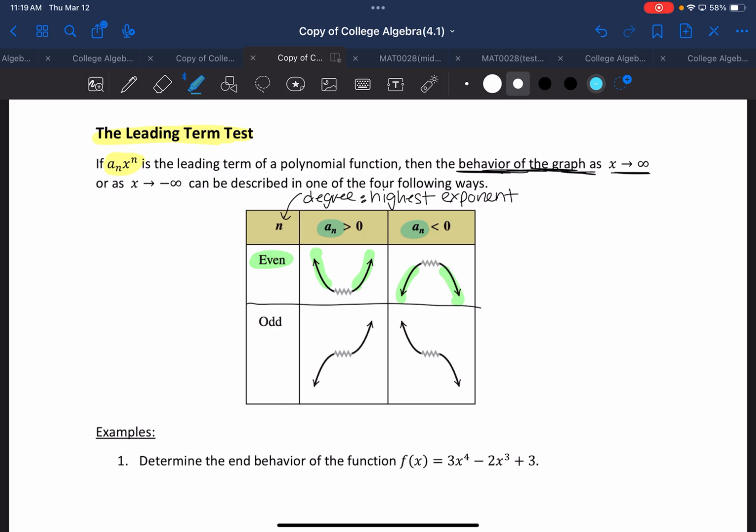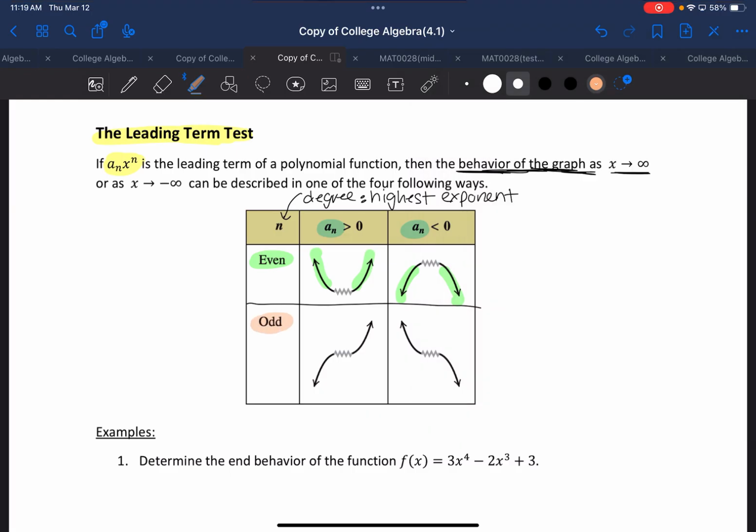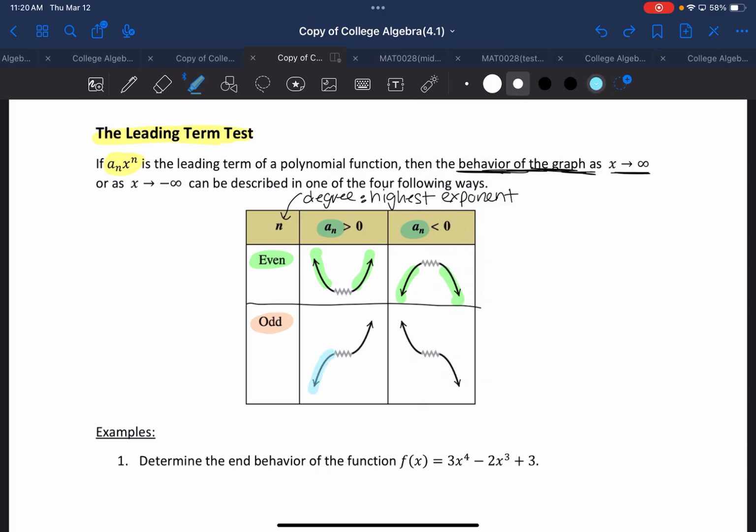Okay. The next case is if the exponent, the highest degree, is odd, then my end behavior is going off in different directions. It's either going to be the first case here or the second case. The way I remember this one is if my leading coefficient is positive, then it'll be increasing from left to right. So it starts by pointing down on the left, but then it goes up to the right.